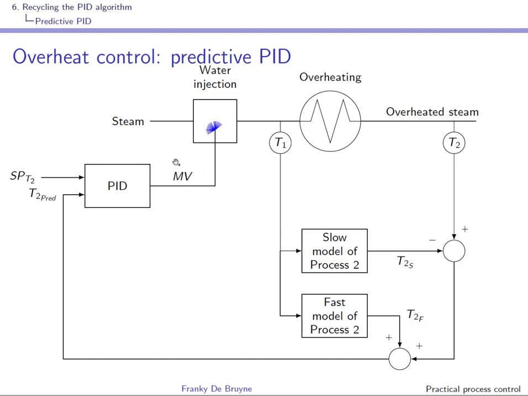This is the dynamics of MV to T1, followed by the fast model, which very often is simply a gain. Here, of course, we need a slow model of the process to detect disturbances at the output and to correct for a static gain that could be wrong. In this case, the dynamics from T1 to T2 is very slow. You can model it by a fourth order lag system with 4 identical time constants.